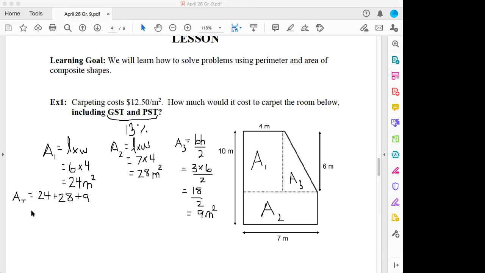And that's going to give us a total of 61 meters squared. So now we're not done there. So it's saying that if per meter squared, it's $12.50, what would be the total cost with GST and PST, which is our 13%.